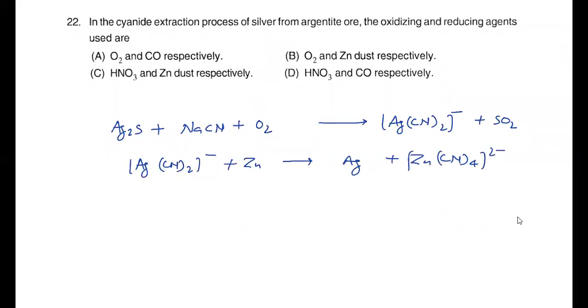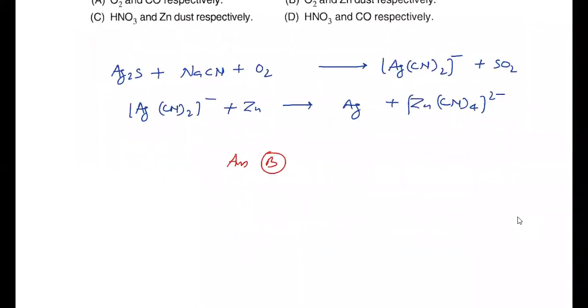So here oxidizing agent is oxygen and reducing agent used over here is zinc. So as per our given options, the answer must be B. This is the leaching process for silver metallurgy. Then question number 23.